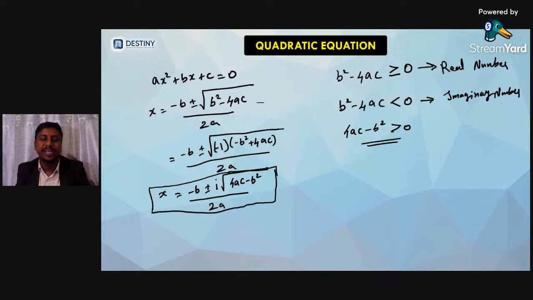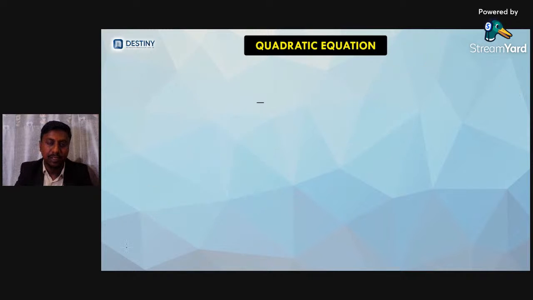ஈஸி மெத்தட். இப்போ x square, for example, I'm taking x square plus x plus 1. இது ஒரு quadratic equation எடுத்துக்கலாம்.